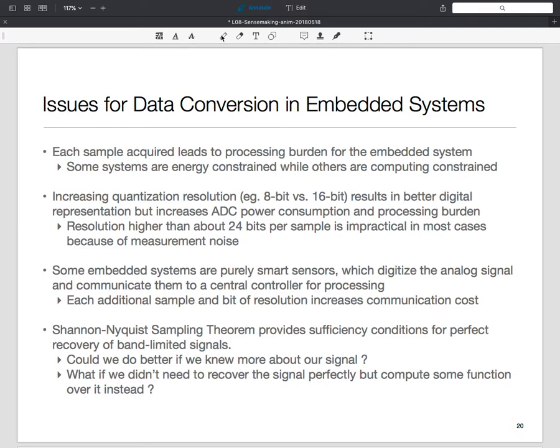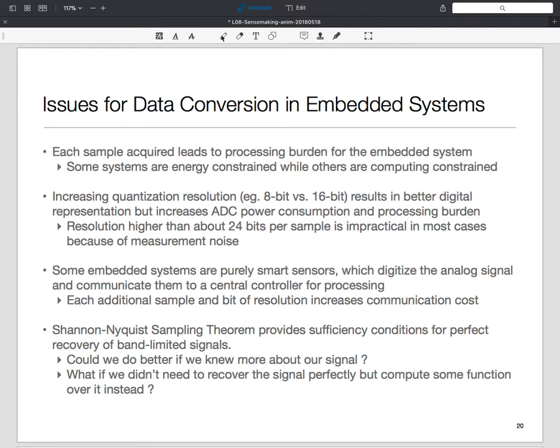If you check the power consumption of A to D converters, you'll see that these bits come at a significantly higher cost. You can see why, because in successive approximation it's an order n thing, and if you have any sort of parallelism, there's an exponential component to it. So the power consumption and cost can go up very rapidly.